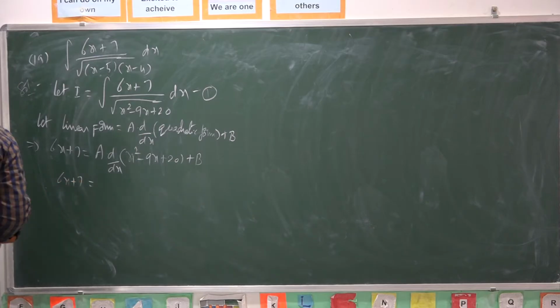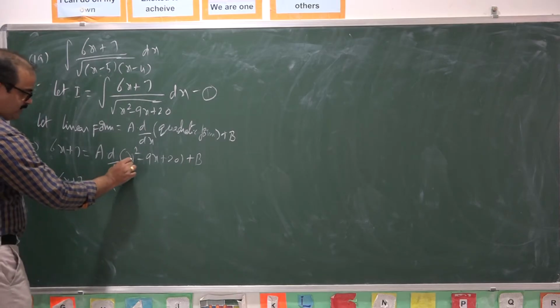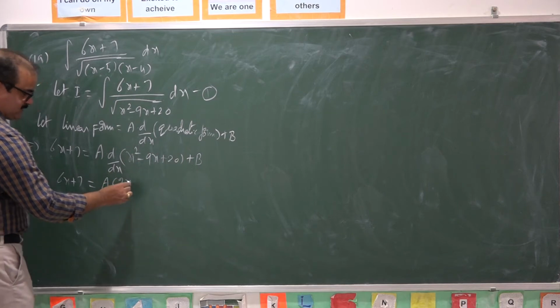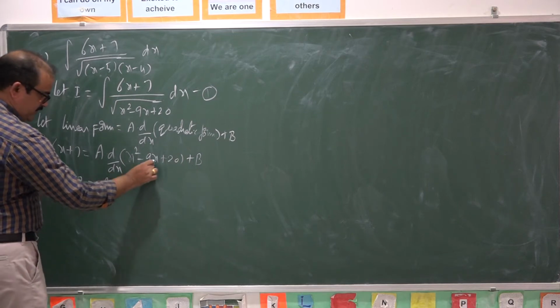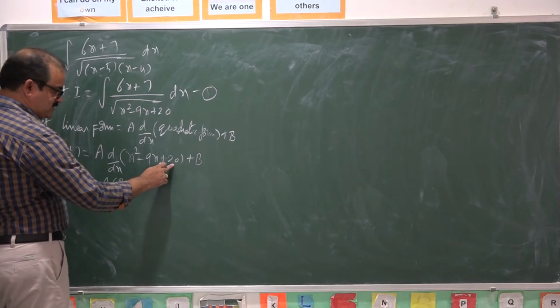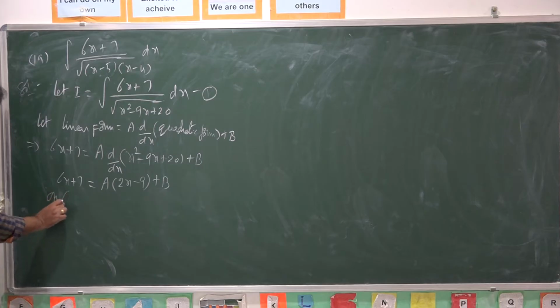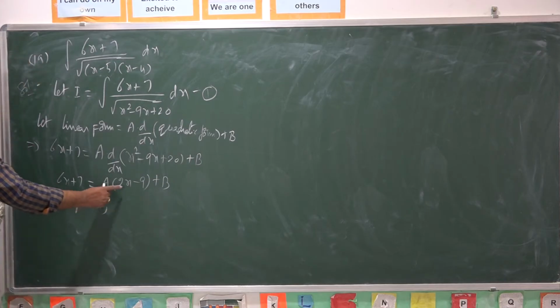6x plus 7 is equal to a into the derivative of x square, 2x, derivative of x is 1, so minus 9, derivative of 20 is 0, plus b. Now on comparing the coefficients, what is the coefficient of x? 2a.